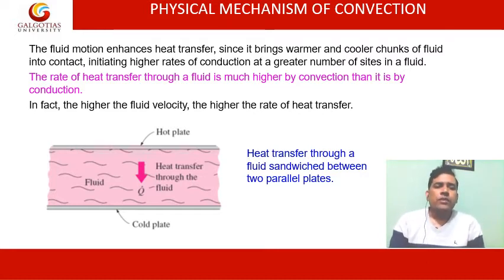So as you can see, the higher the fluid velocity, the higher the rate of heat transfer through convection. If there is a fluid sandwiched between a hot plate and a cold plate, the heat transfer between the parallel plates can be approximated like this.